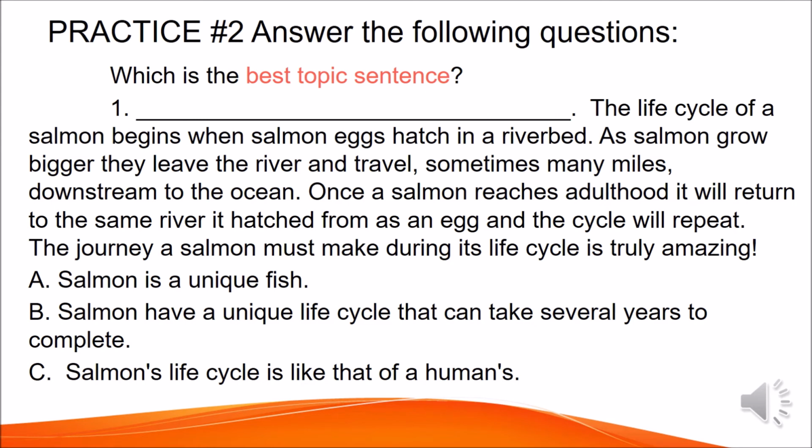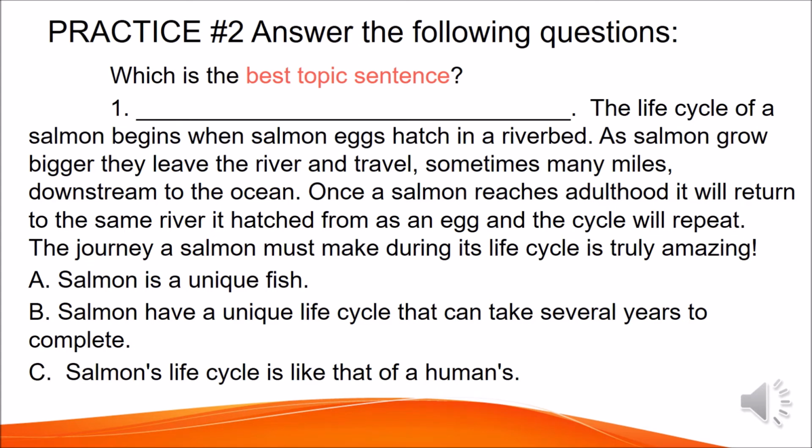Which is the best topic sentence for this paragraph? The life cycle of a salmon begins when salmon eggs hatch in a riverbed. As salmon grow bigger, they leave the river and travel, sometimes many miles downstream to the ocean. Once a salmon reaches adulthood, it will return to the same river it hatched from as an egg, and the cycle will repeat.